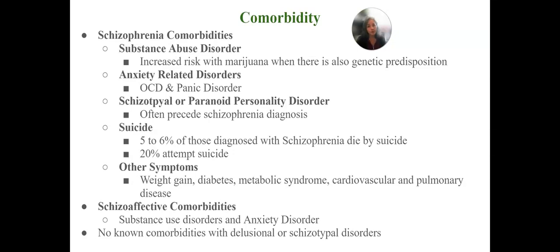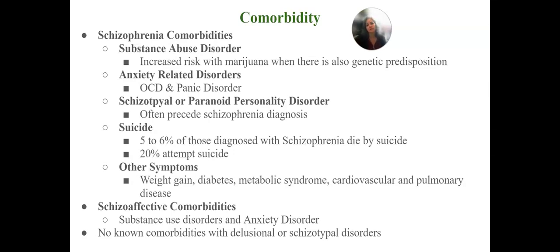In terms of co-occurring disorders, substance abuse disorder, 100% increases your risk, particularly marijuana. And when you have a genetic predisposition to schizophrenia, the drugs can be an even more prominent trigger and factor, which I think was the case for my brother.